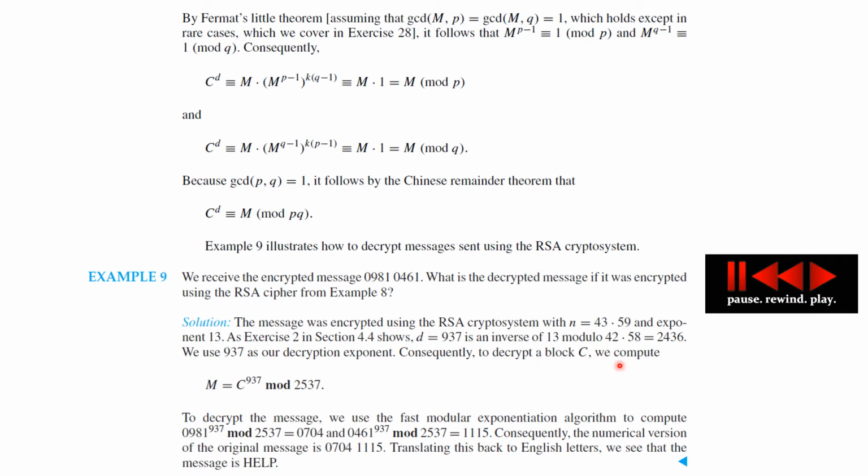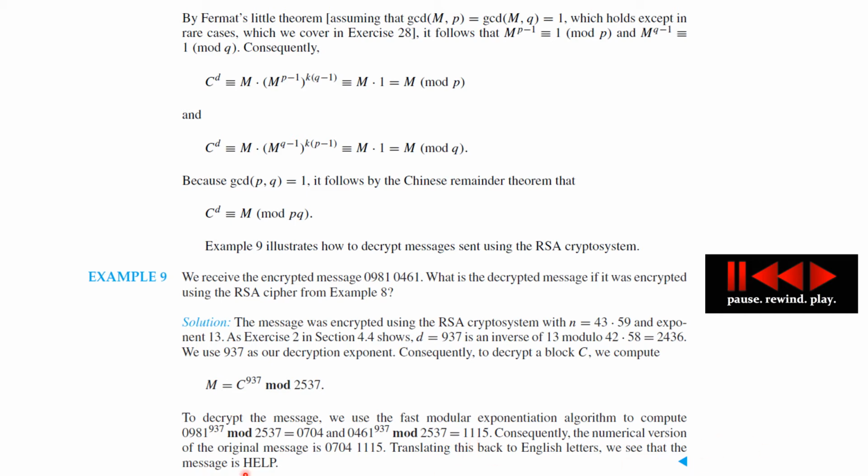So we use 937 as our decryption exponent. To decrypt a block c, we raise it to the 937 mod 2537. To decrypt the message, we use the fast modular exponentiation algorithm to compute this: the first block raised to the 937 mod 2537 is 0704, and the second block raised to the 937 mod 2537 is equal to 1115.